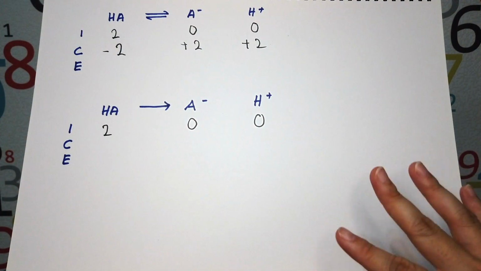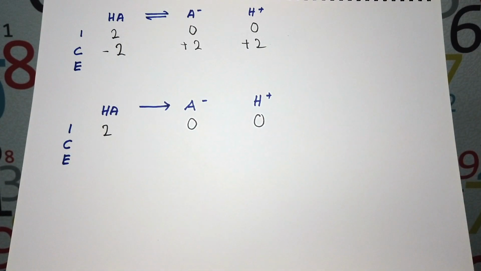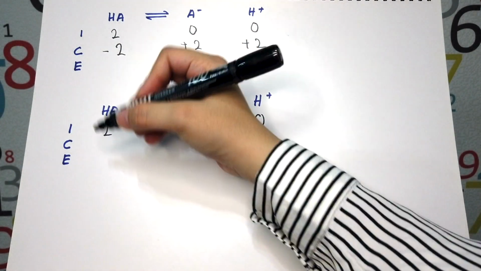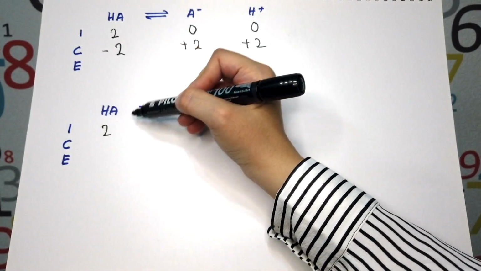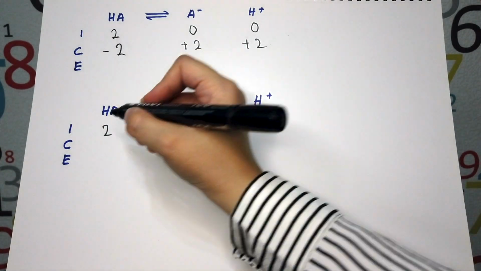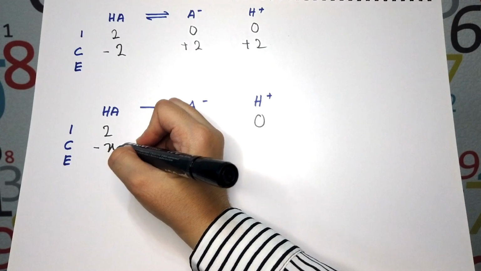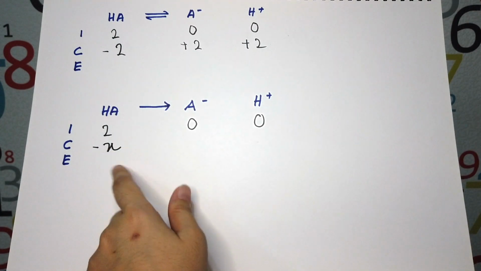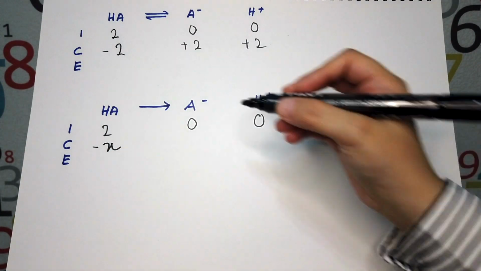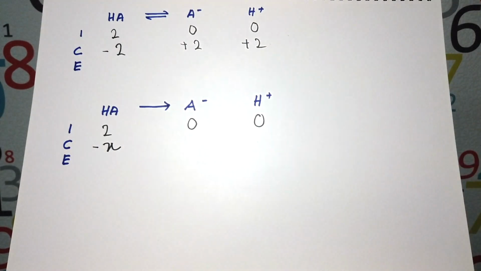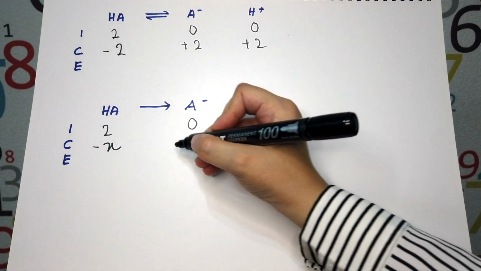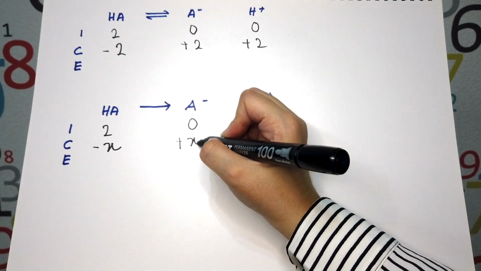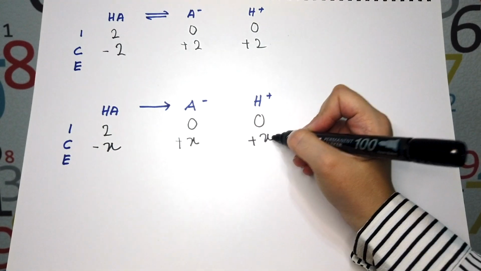On the other hand, for weak acid, it doesn't dissociate completely, so we assume how much dissociation is going to occur. Since the reactant will decrease, we always put -X at the reactant. Because of the formation of products, we will have +X and +X.